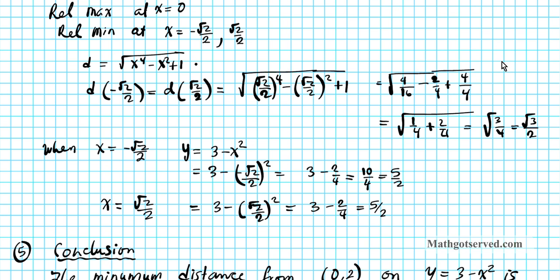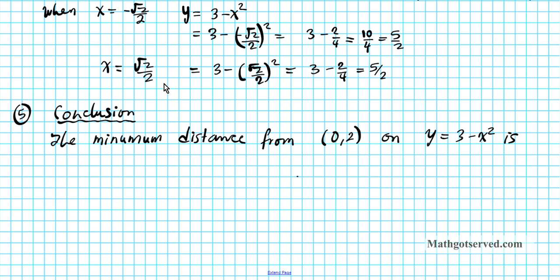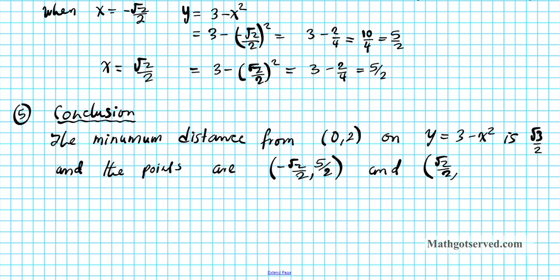This was the minimum distance when we inputted the x value into the distance function. So the minimum distance is root 3 over 2, and we also asked for the points. The points are x, the first one was negative root 2 over 2, and the y value was the 5/2 we got, and the second point was root 2 over 2, and the y value was 5/2. Okay, so that's that.